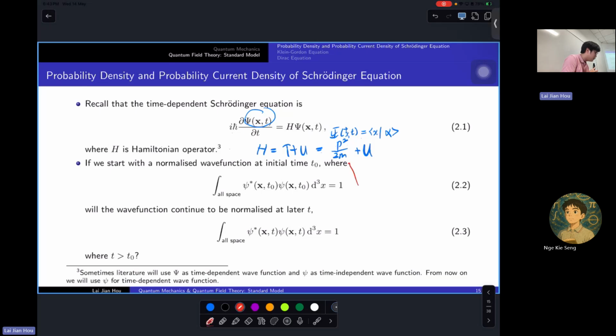As we see here, this is the non-relativistic approximation, so we can say that the Schrodinger equation only works for non-relativistic particles.